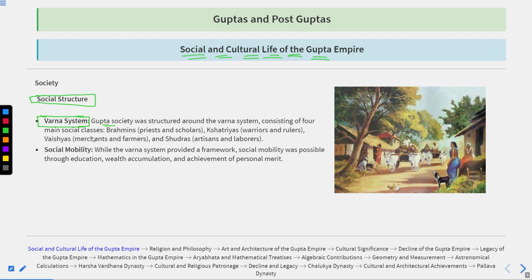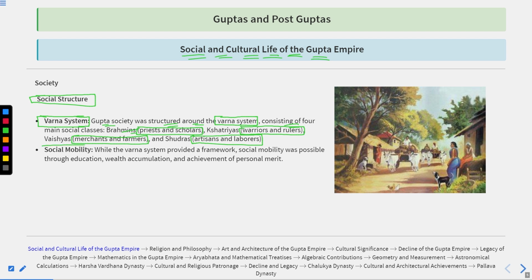The Gupta society was structured around the Varna system, consisting of four main social classes: the Brahmins, who were generally the priests and scholars; Kshatriyas, who were generally the warriors and rulers; Vaishyas, who were generally the merchants and farmers; and Shudras, who were generally the artisans and laborers.